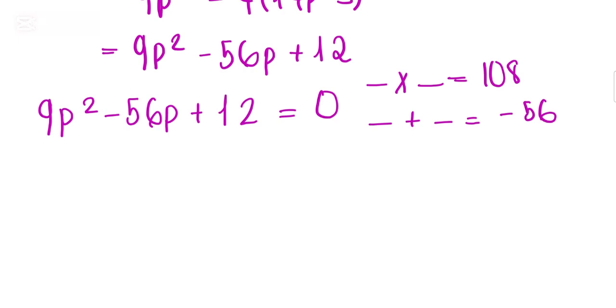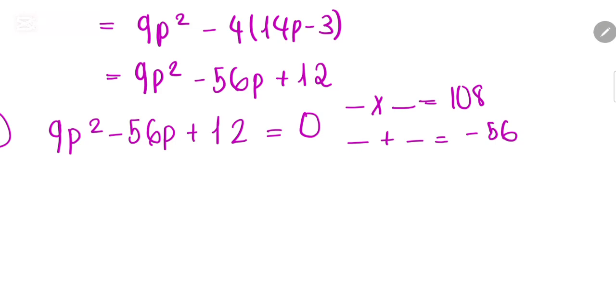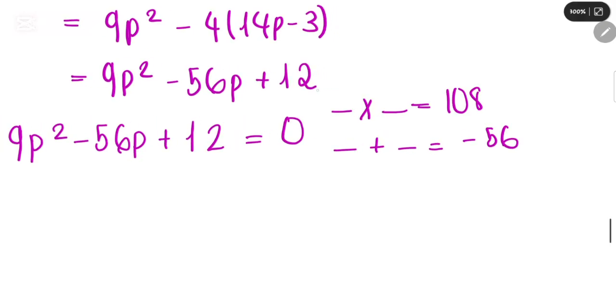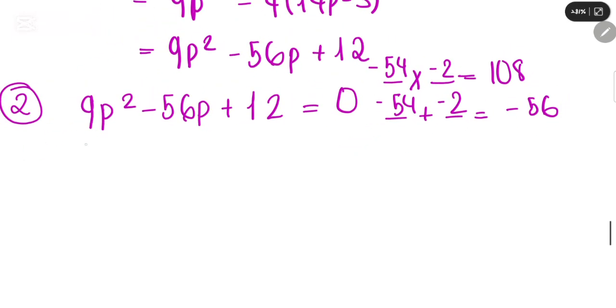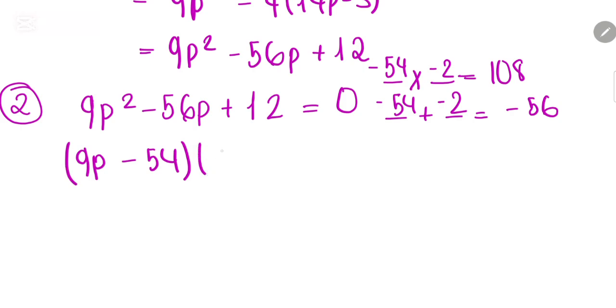Just try a few more factors. Okay, so negative 54 and negative 2 are my two factors. Negative 54, negative 2, right? Yep, that makes sense. Okay, you're just going to factor it like normal.